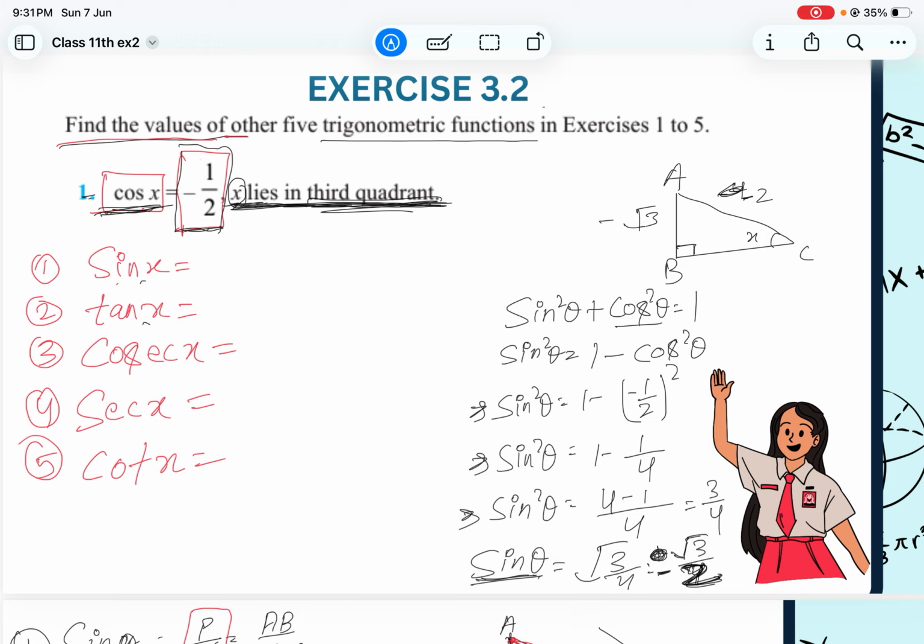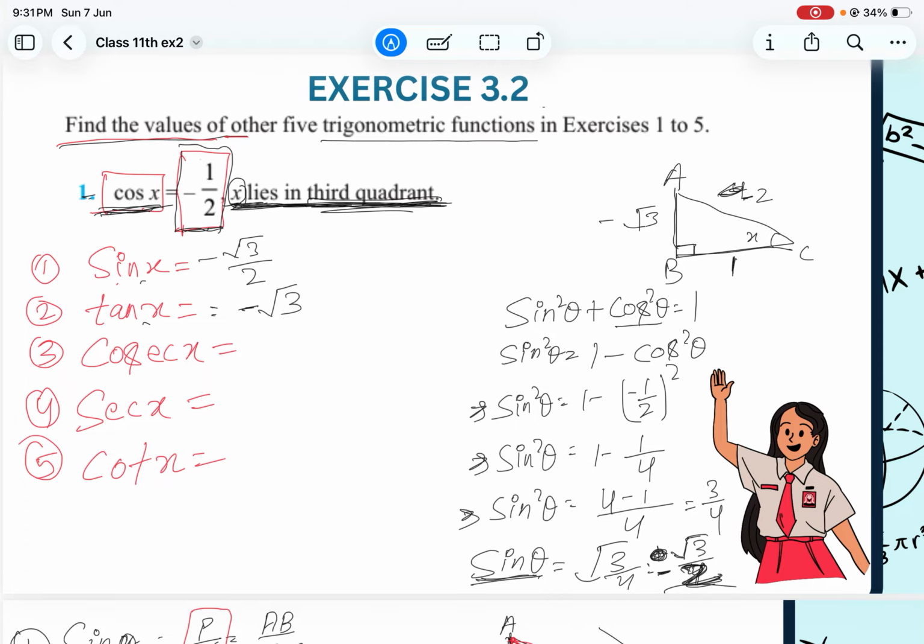We know cos is minus 1 by 2, so this will be 1. Now sine is minus root 3 by 2, and tan, that is AB by BC, will be minus root 3.